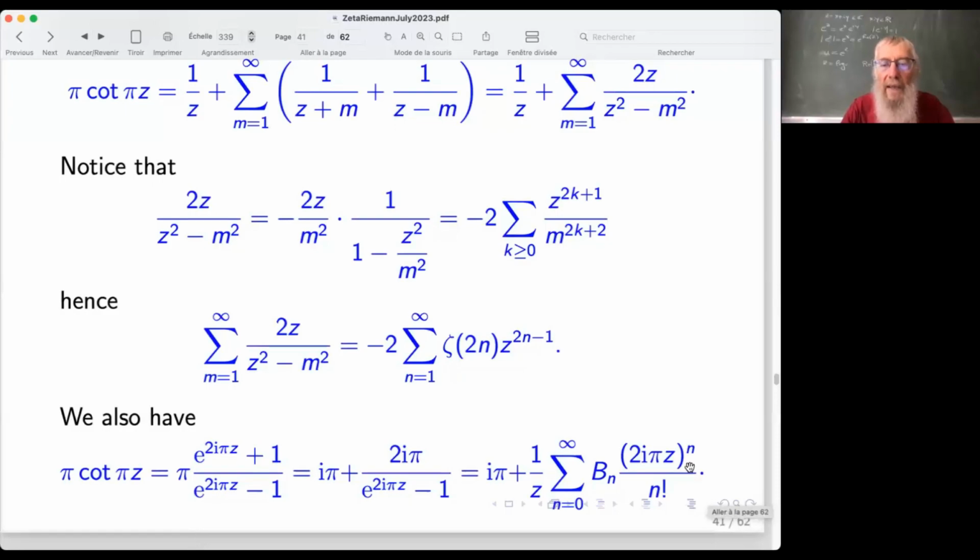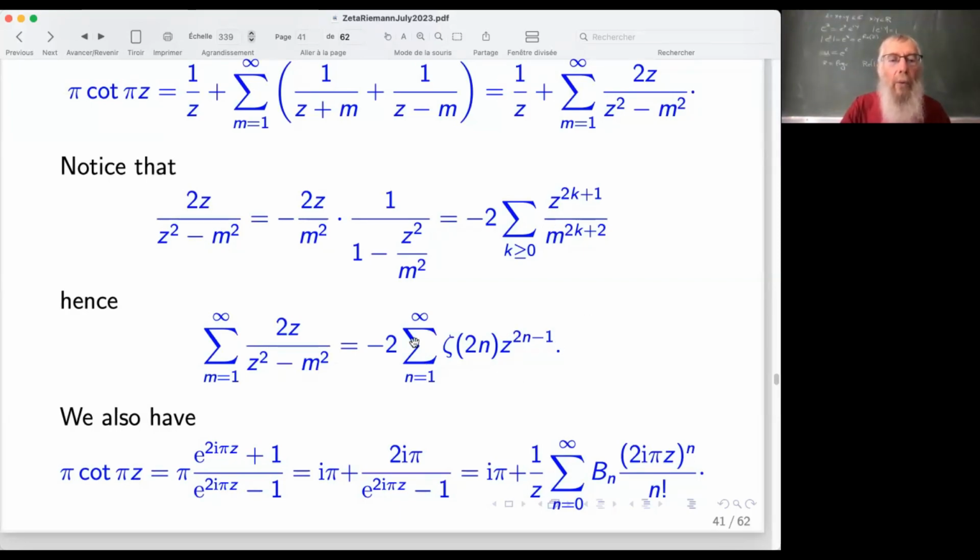If you take z equal 1, you see that the i pi which is here will cancel. So this is why you have i pi which is imaginary, but it's coherent. So you have two expansions of pi cotangent pi z into a Laurent expansion.